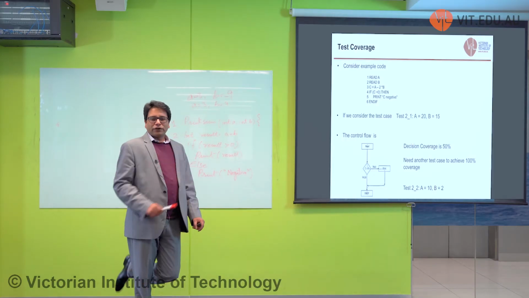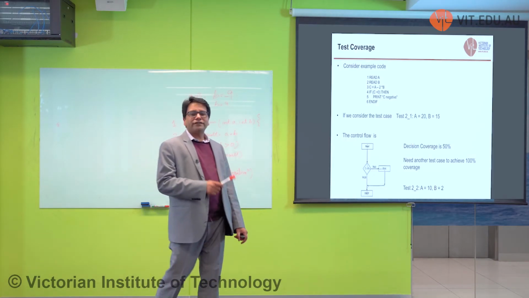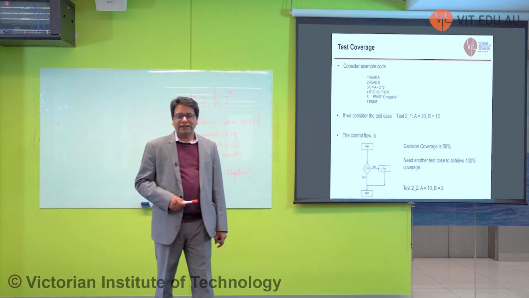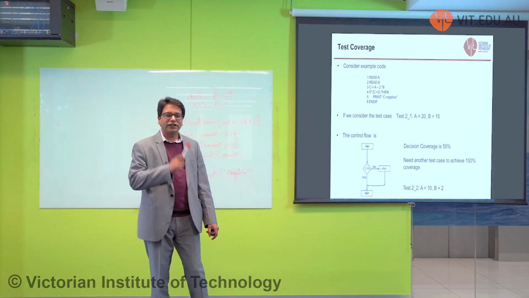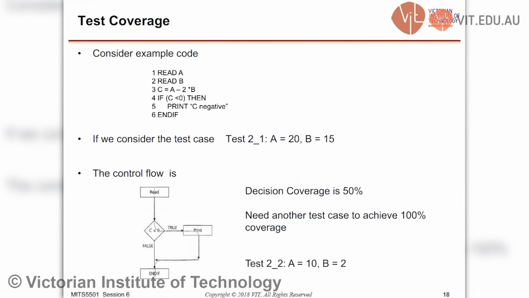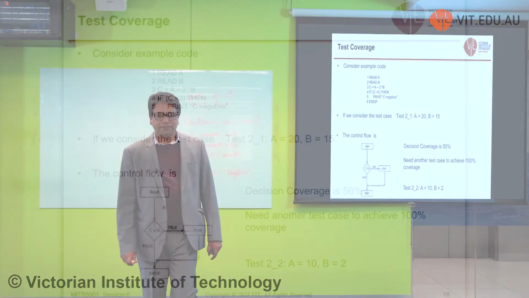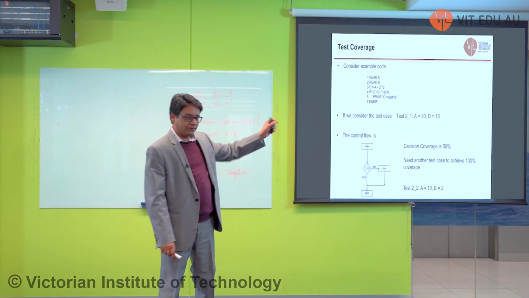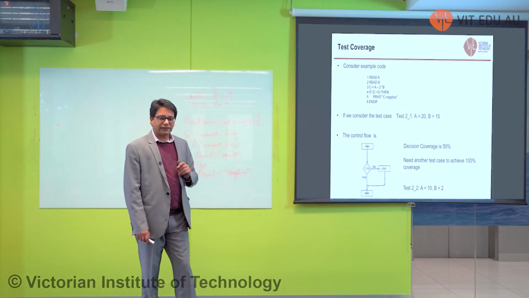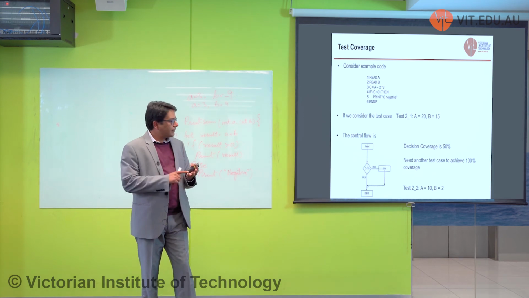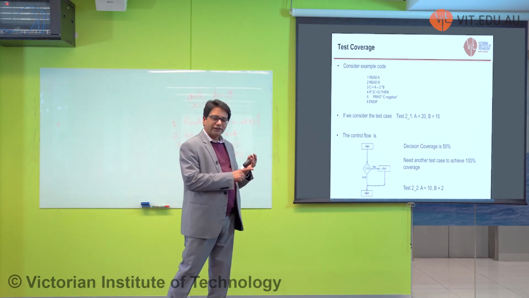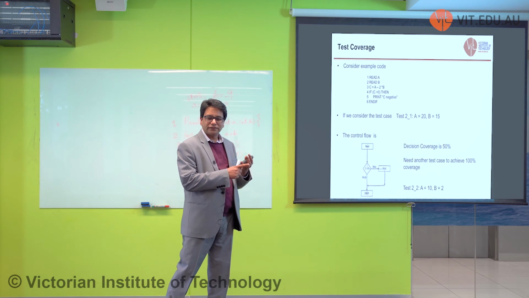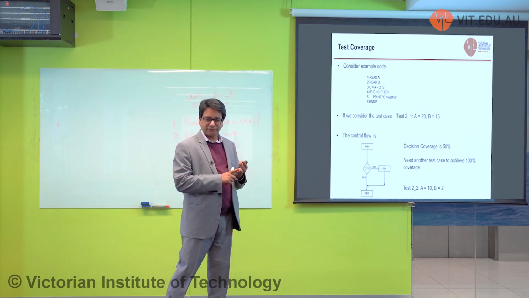Okay, in this simple program, we are reading two numbers, A and B, and then doing a little calculation where we calculate C is equal to A minus 2 multiplied by B. From the first test case, A is 20, B is 15, when we calculate C, it is negative.